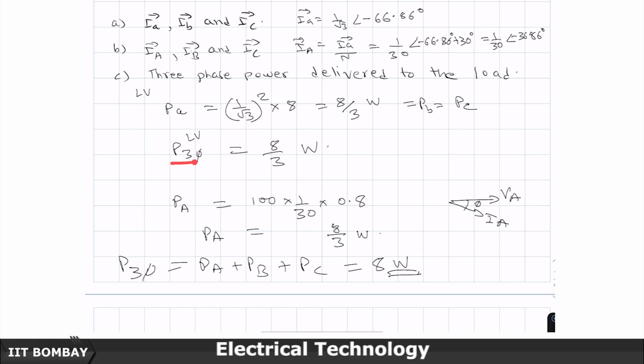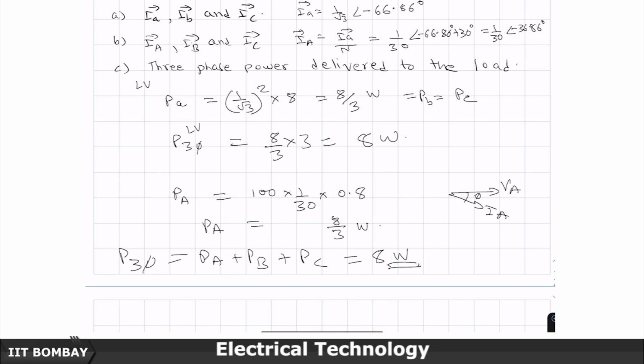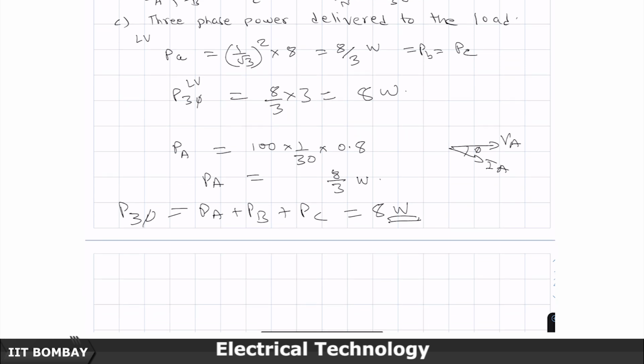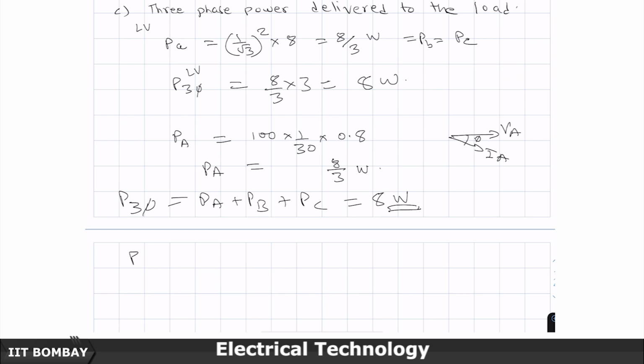So therefore P3 phase LV is going to be 8 by 3 into 3, which is equal to 8 watts. So you get P3 phase 8 watts.